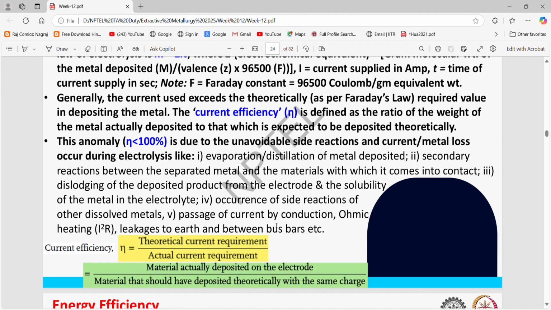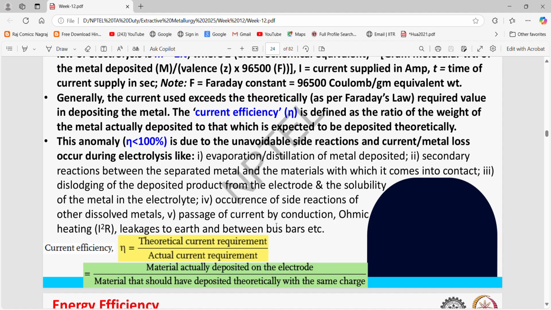Then there are side reactions of other dissolved metals, passage of current by conduction or ohmic heating, leakages to earth and between bus bars, etc. So there are several factors which affect this current efficiency, and it never comes to around 100%.